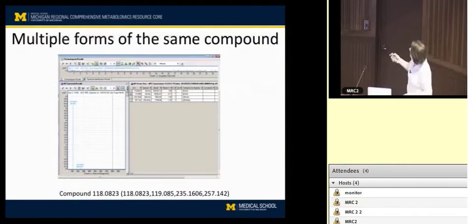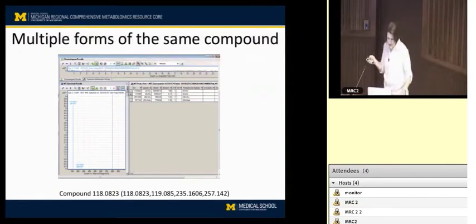So just to show you how this comes out, if I were to tell it that I wanted to look for all those things, then it would collapse those features into a single metabolite, a single compound.